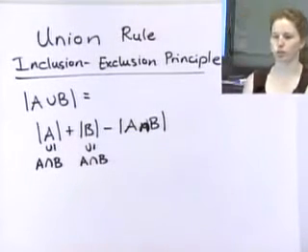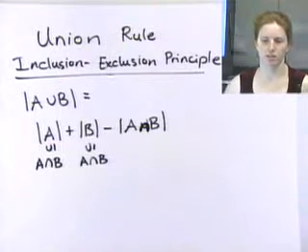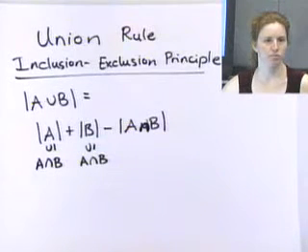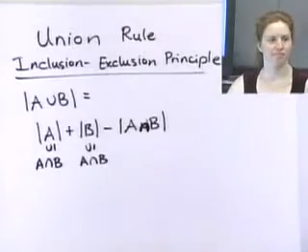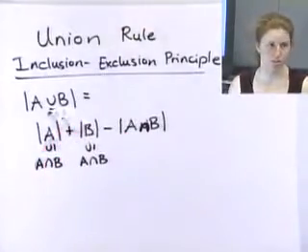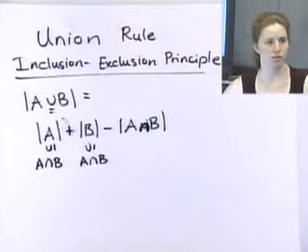So what's an example of a problem where I might need to do something like this? Like a problem like count the number of people who have something. Flippers? Well, it has to be something like a union in order to use this. So count the number of people who have flippers.